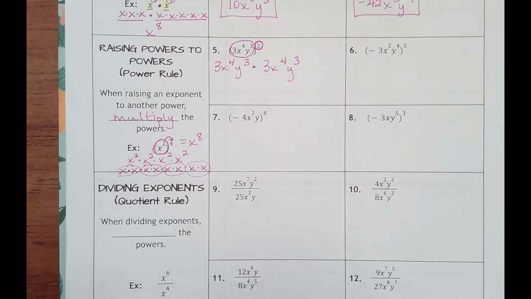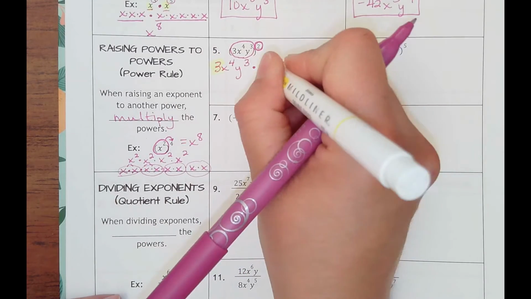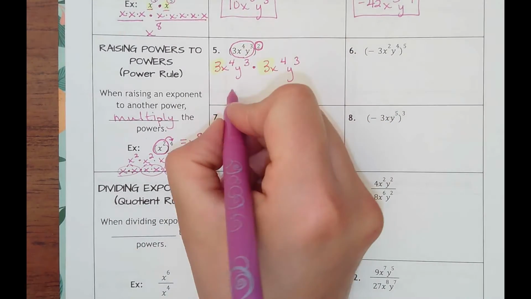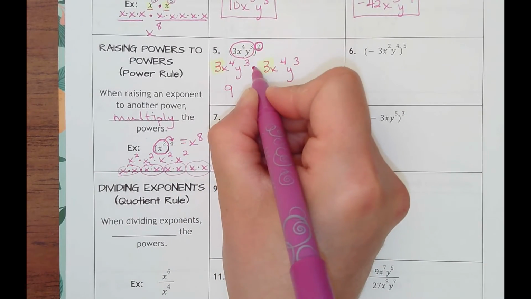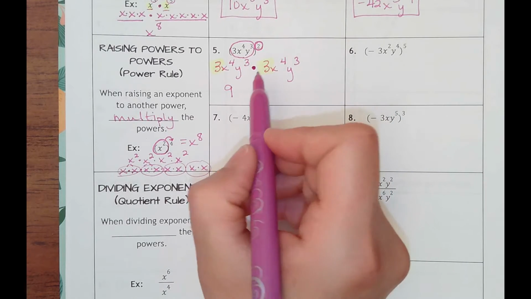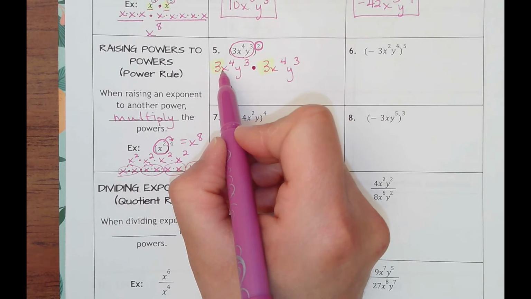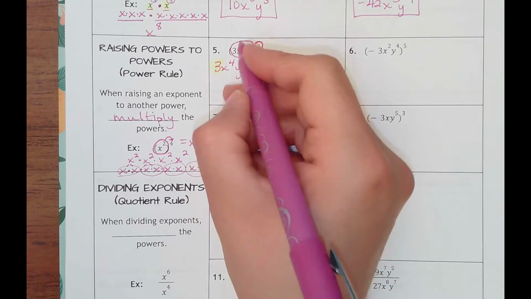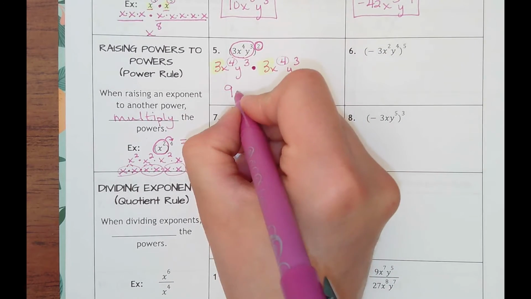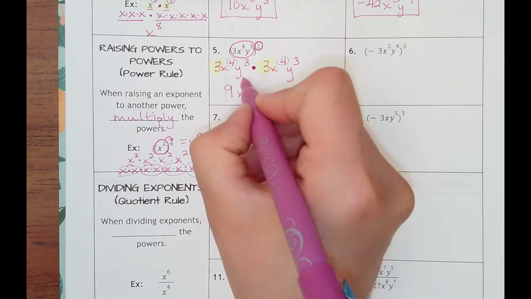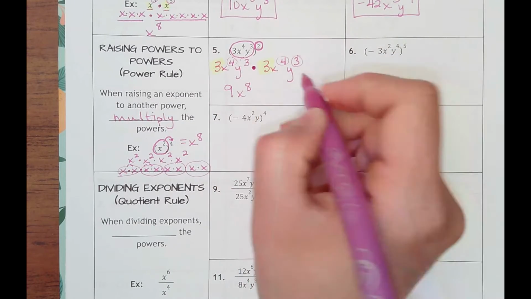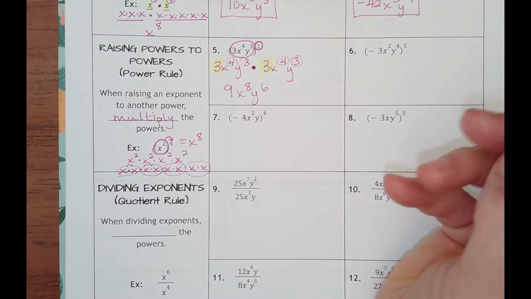We would want to take our 3 times 3, which is 9, and then since we are multiplying here, we're going to do our product rule and add the power. So x to the 4th times x to the 4th would be 4 plus 4, which is x to the 8th. And then we would have 3 plus 3, which is y to the 6th.